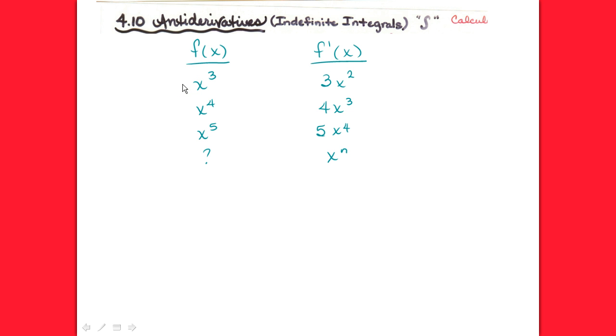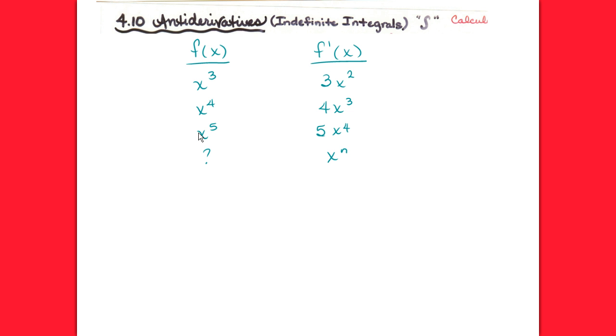All right, so let's look and see if we see any patterns. What's happening with the exponents when I go from the derivative back to the antiderivative? They go up by 1, right? When you take the derivative, you reduce your exponent by 1. So the inverse of that makes sense, that I should be increasing it by 1.